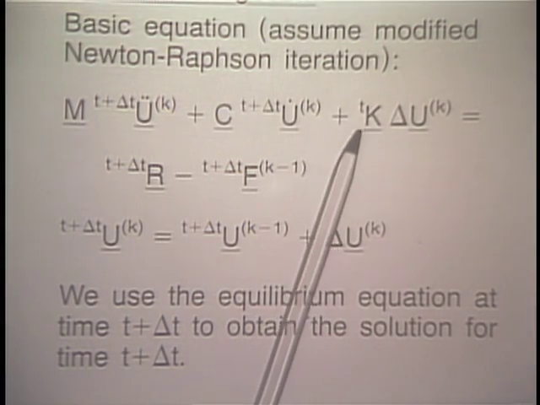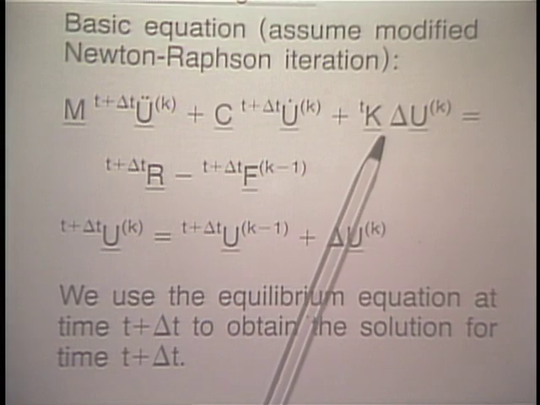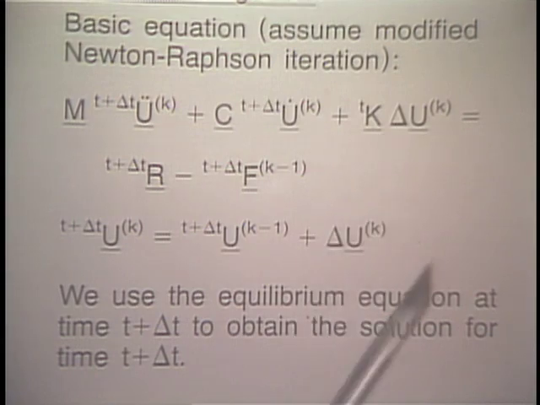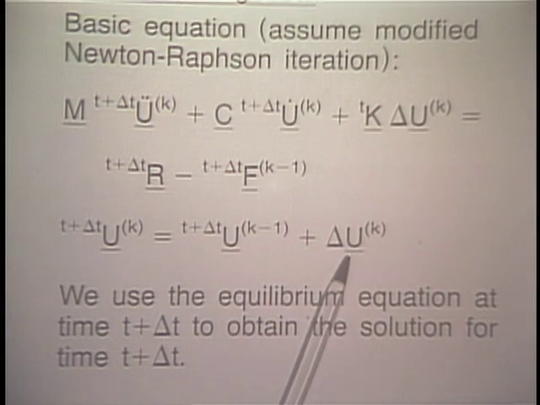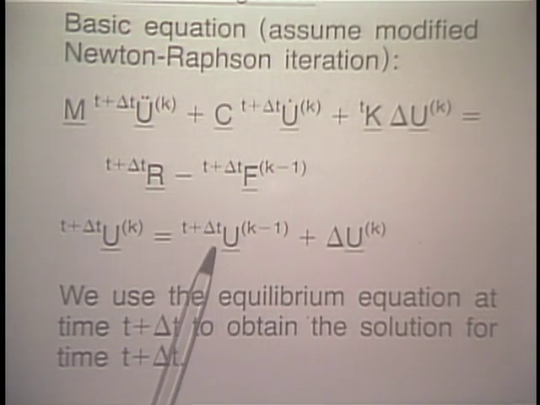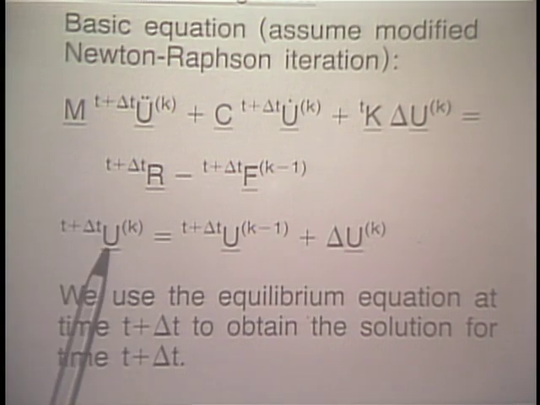And that stiffness matrix here is given as t k, corresponding to a modified Newton iteration. Notice that this equation will be solved to calculate an increment in displacement, and that increment in displacement is added to the displacement vector that we had from the previous iteration to obtain an updated displacement vector.